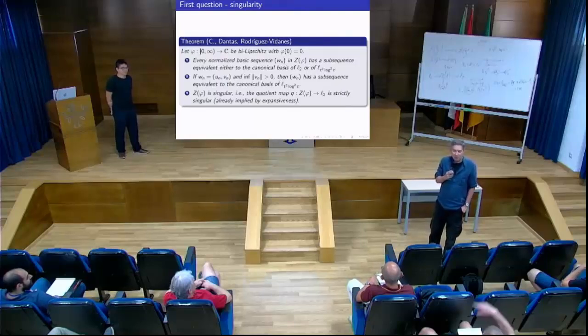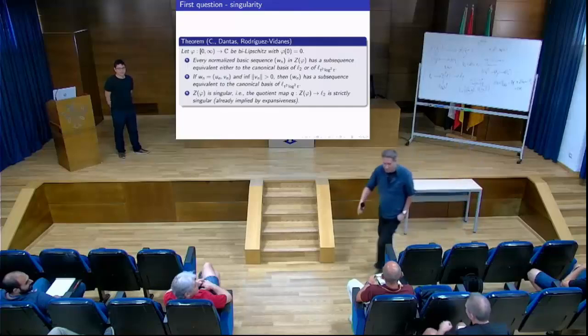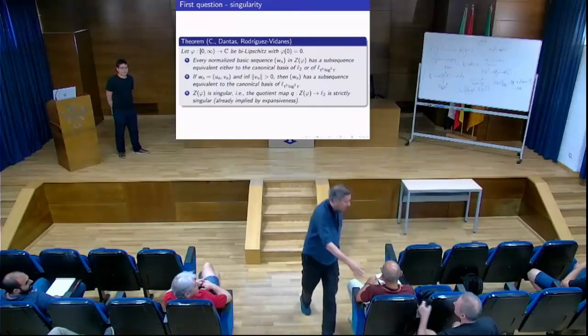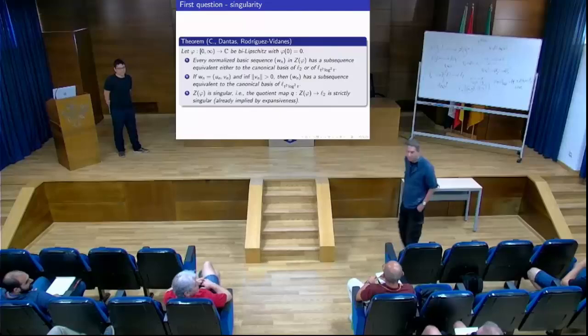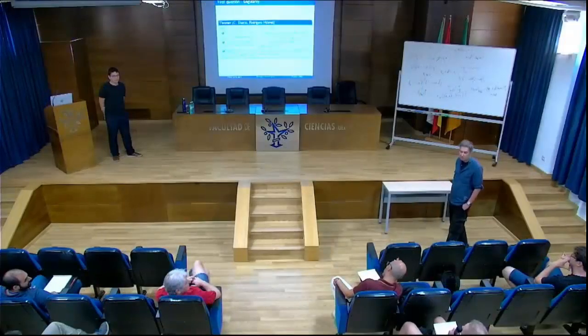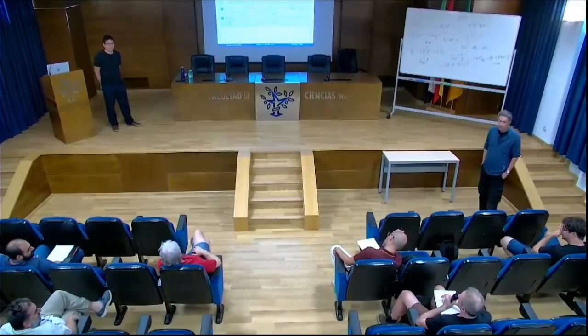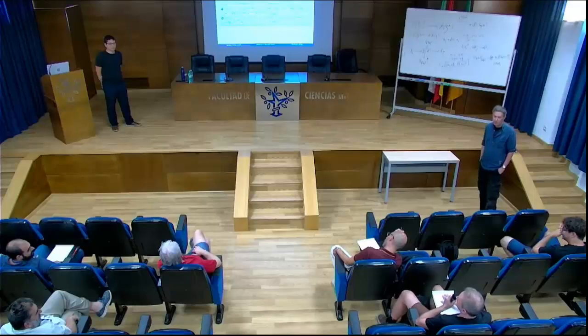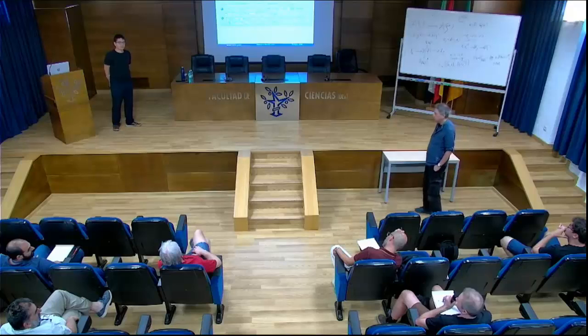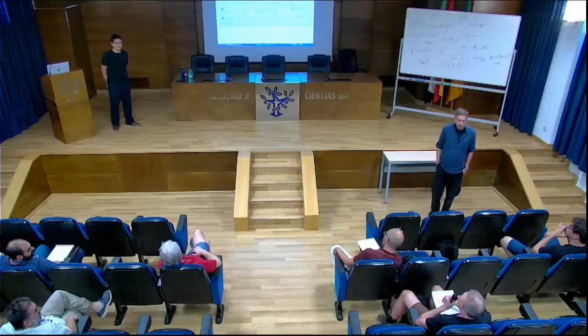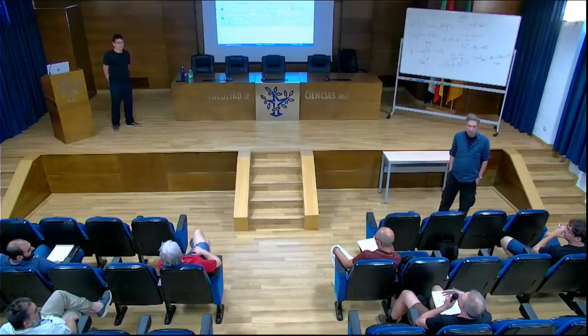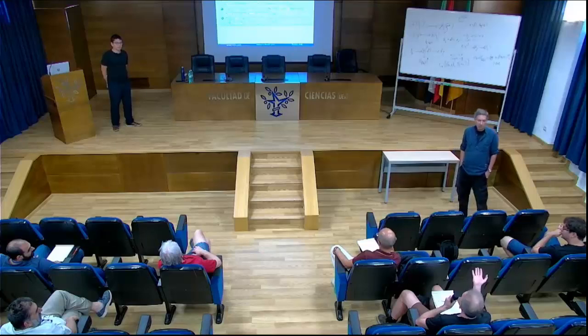Any more questions? Hi. Have you looked at the function space versions of Kalton-Peck space? I mean, interpolate capital L infinity and capital L1, and then you have singularity, but you also have disjoint singularity, right?